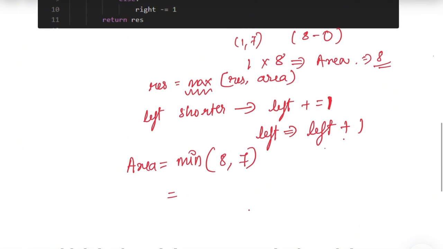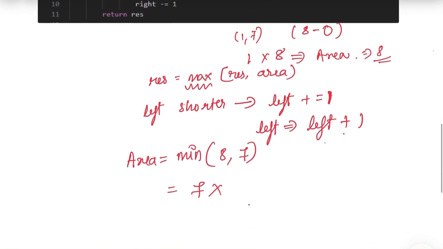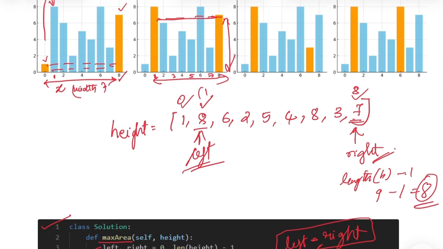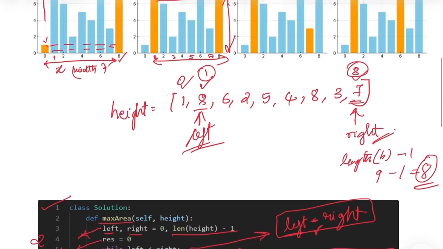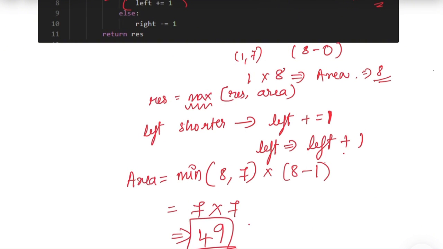Which is the minimum? 7 is the minimum. So 7 into this thing, just right minus left of the index. What is the index here? This is 1. This is 8. So it's 8 minus 1, which is 7. This is equal to 7 sevens are 49. This is actually the answer.